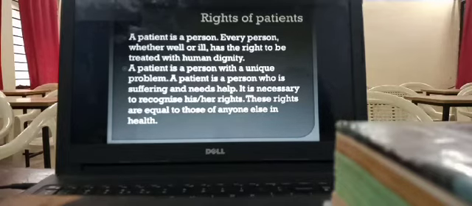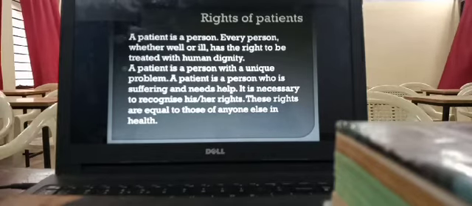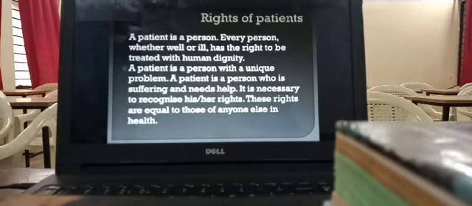Even us, when we go to a shop, for example, we ask about the price, compare it with other products, and even question the people who work there. Why we question is because it's our money, we are spending money, so we have the right to question about it. Similarly, every patient has the right to question about the care that they are going to receive.